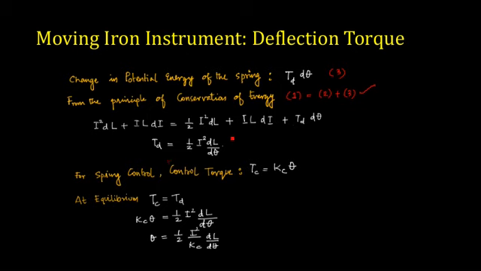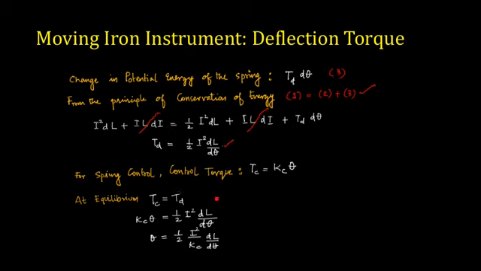You can simplify it like this, so you'll have Td equal to half I² dL by dθ. Other terms will be cancelled out, and you'll have these two terms simplified in this form.